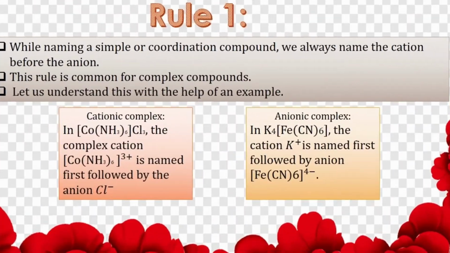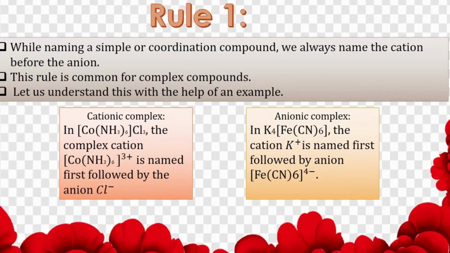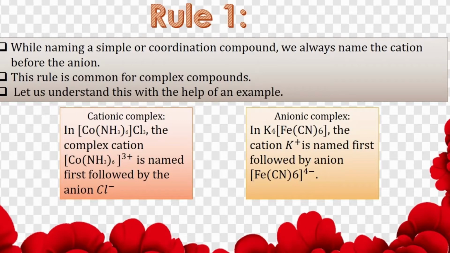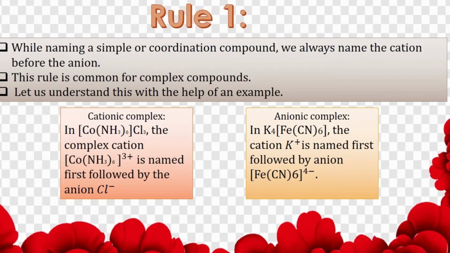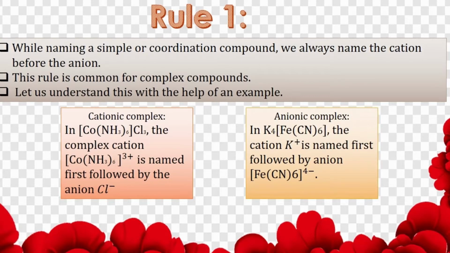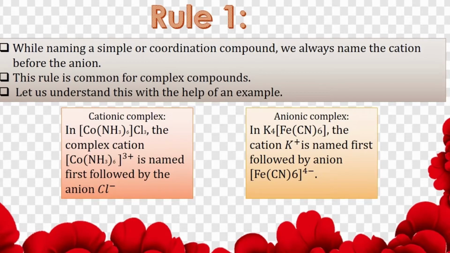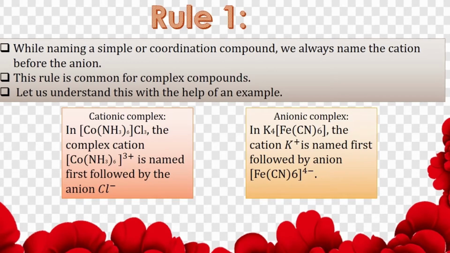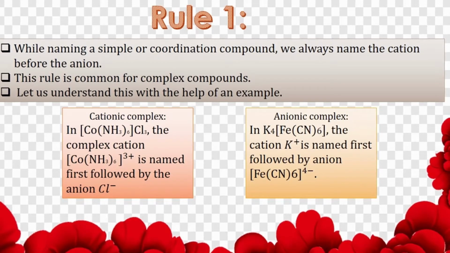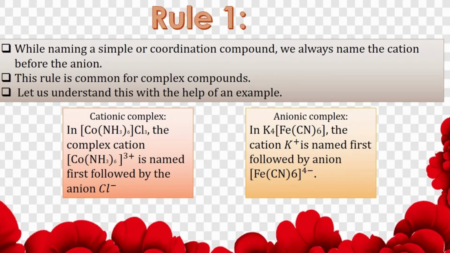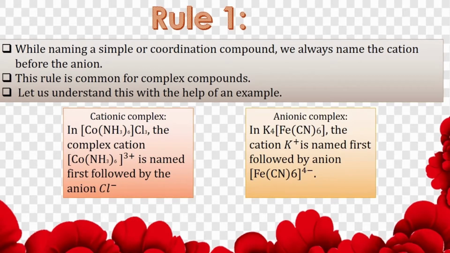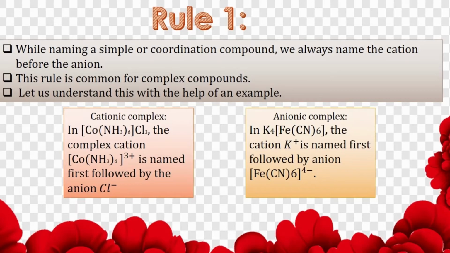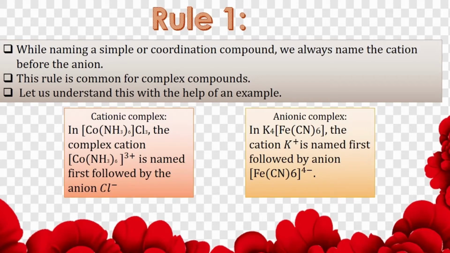There are 4 rules to be followed while naming the coordination compound. We will see the rules one by one. The first rule is that whenever you are naming a simple compound or a coordination compound, first we have to name its cation and then follow with its anion.